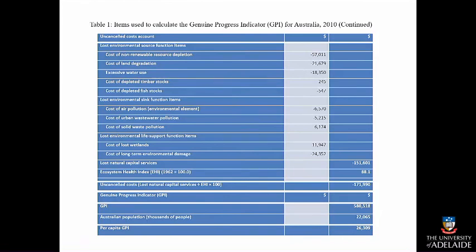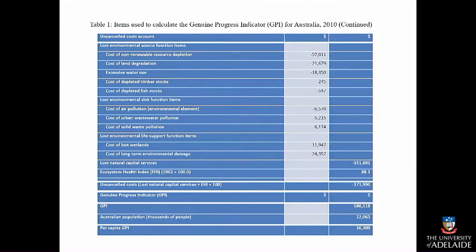This is the lost sink function, which is due to excessive waste generation, so various forms of pollution. And then there's the life support function, which has the cost of lost wetlands and cost of long-term environmental damage, related to CO2 emissions and so forth. You add them all up and you get your lost natural capital services.